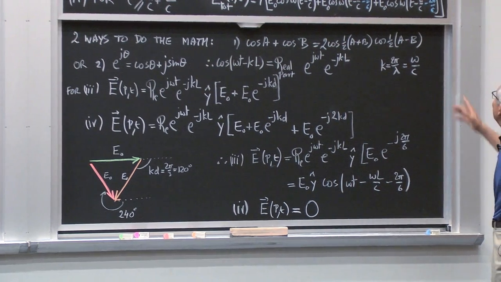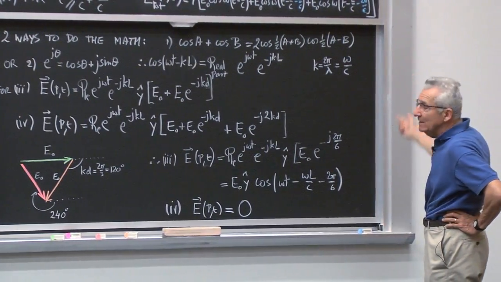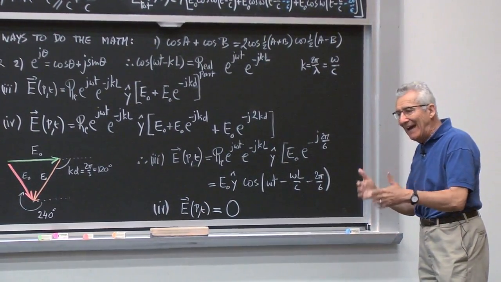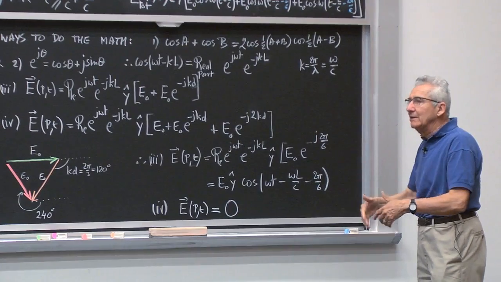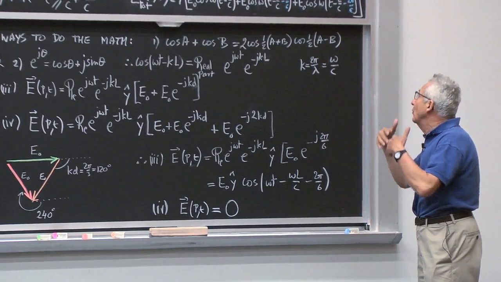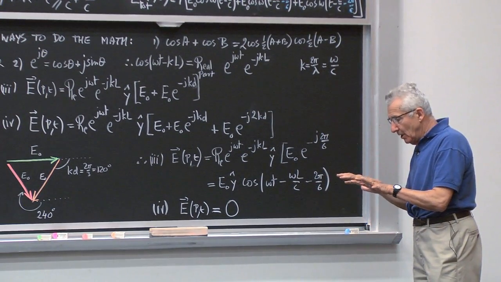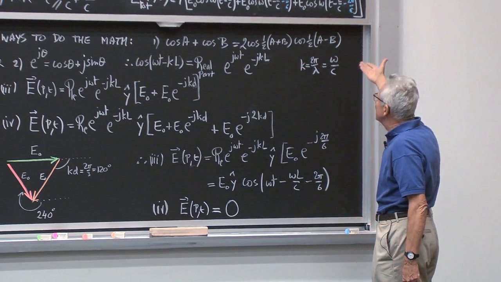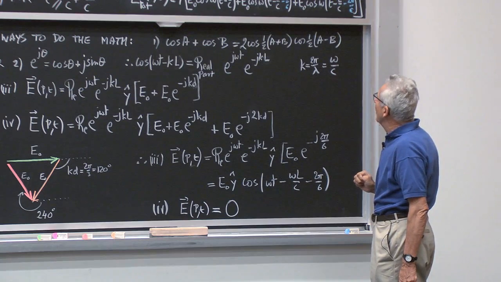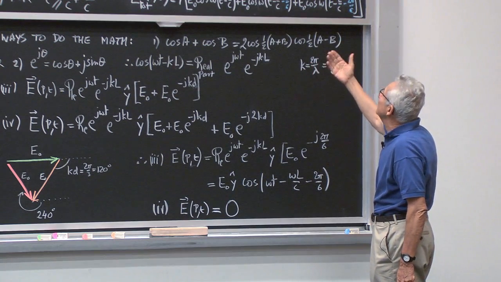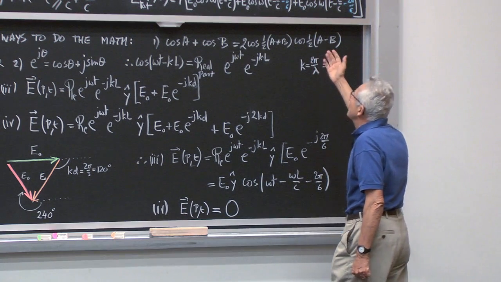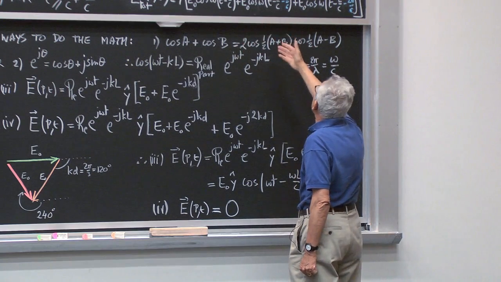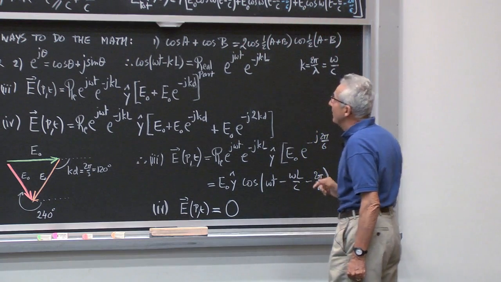If we want to find out what this sum is, what happens when you add 1 or 2 or 3 oscillatory functions like this, what is the resultant oscillation? We have to algebraically or trigonometrically add these 3 or these 2.